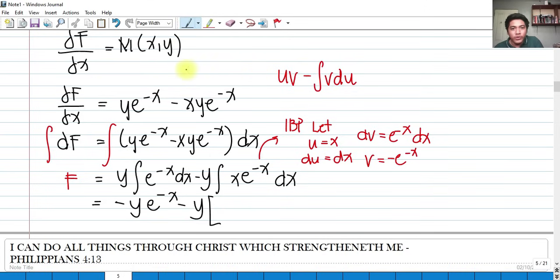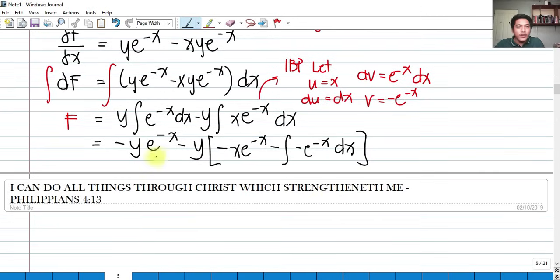So u times v is negative x e raised to negative x, minus the integral of v. What is v? Negative e raised to negative x. Our du is simply equal to dx.